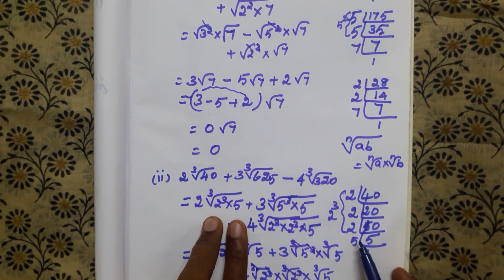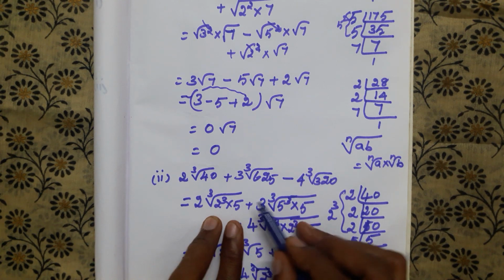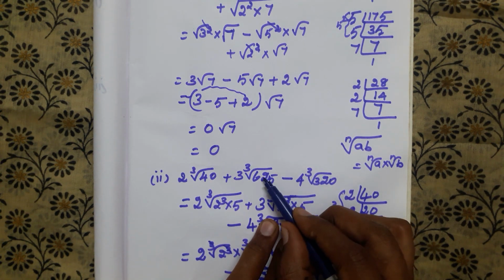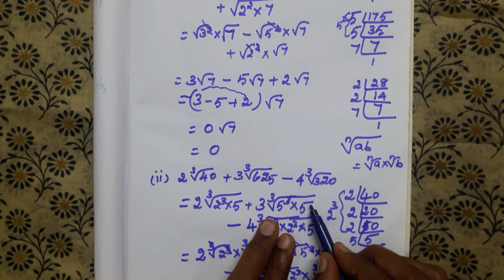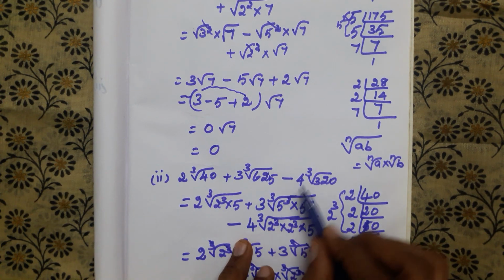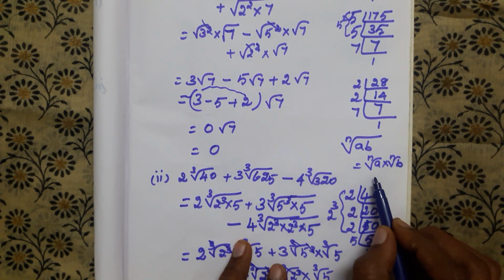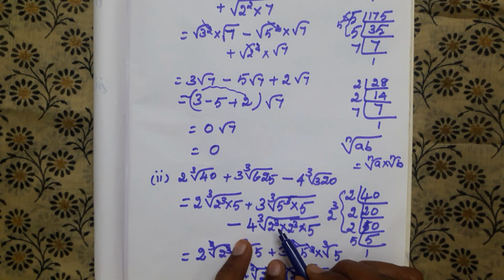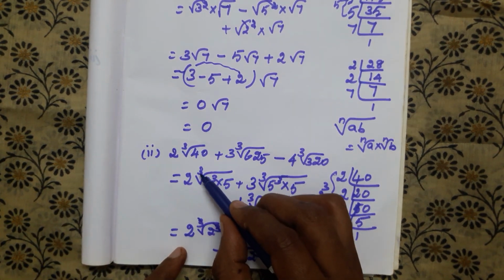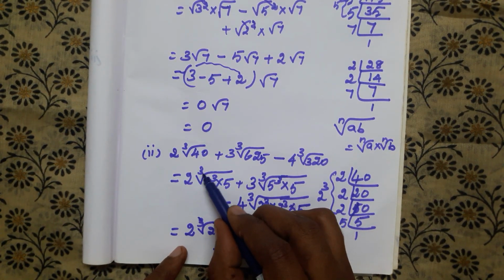We cannot write 5 as a power of 3, so we write this 5 alone. Next, 3 into cube root of 625 is 5 cube into 5. Next, minus 4, this cube root of 320 is 2 cube into 2 cube into 5.